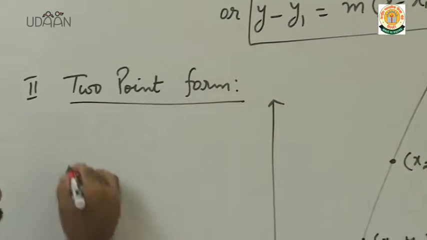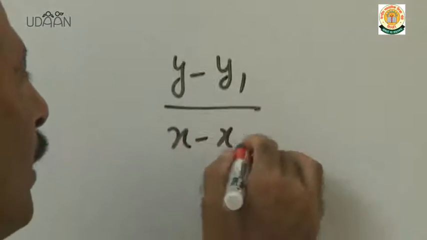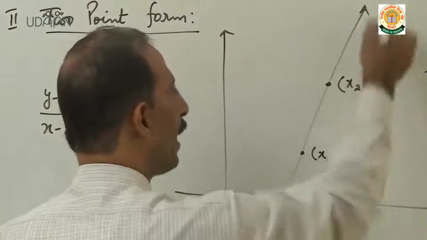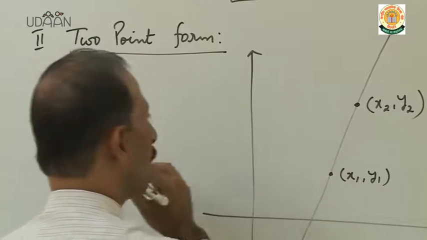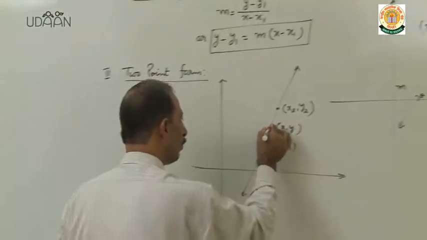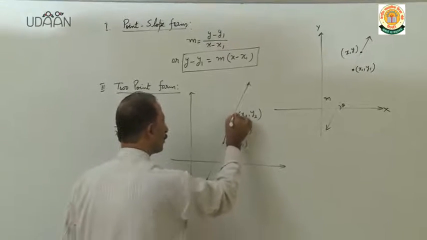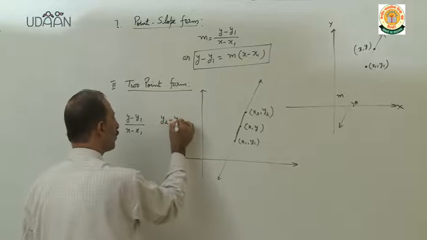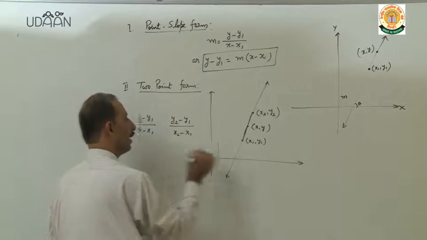Here slope is y minus y1 upon x minus x1, where x is a point somewhere here. So x is any point you can take on the line, and then you can equate their slopes. And the slope of this line is y2 minus y1 upon x2 minus x1.